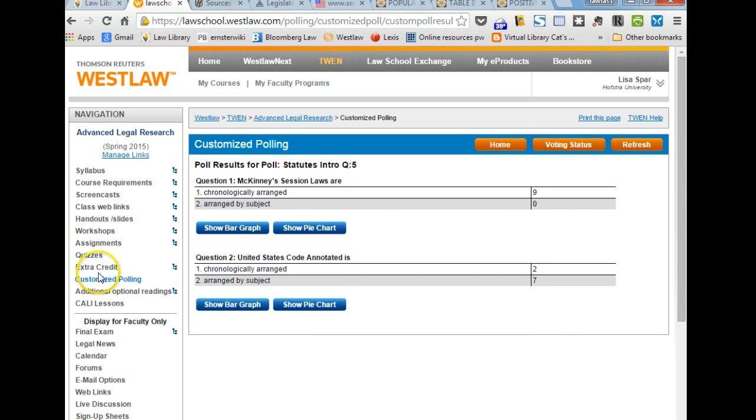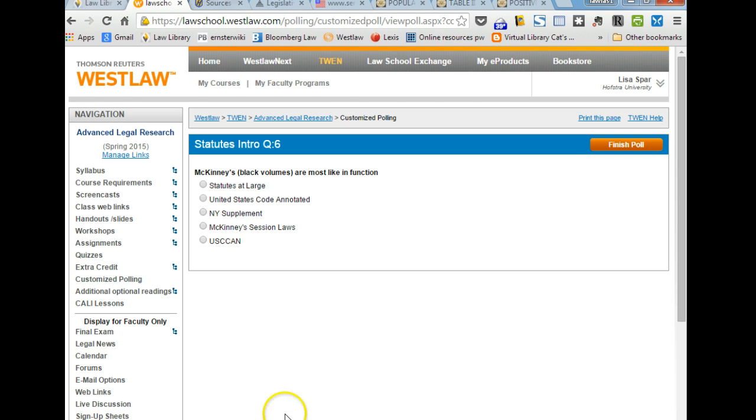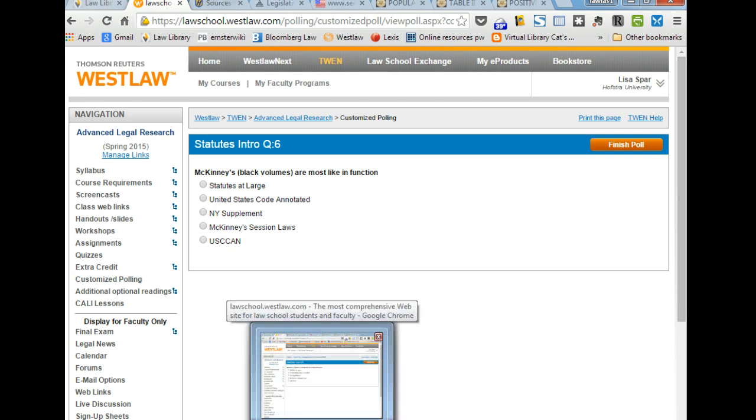Okay, and one more question on our poll workshop. This is just a single question. McKinney's, the black volumes, are most like in function which of those? Statutes at large, U.S. Code annotated, also known as USCA, New York Supplement, McKinney's session laws, and USCAN.